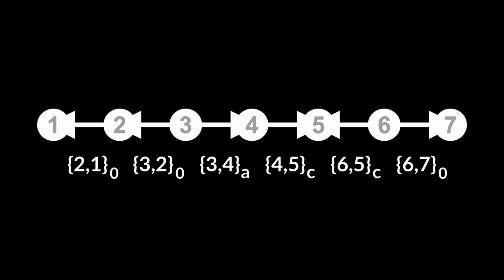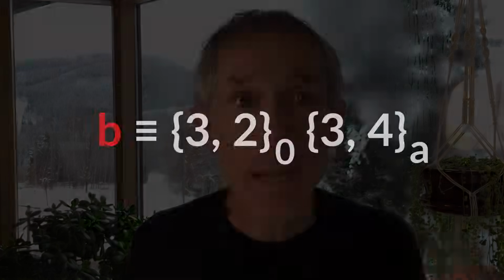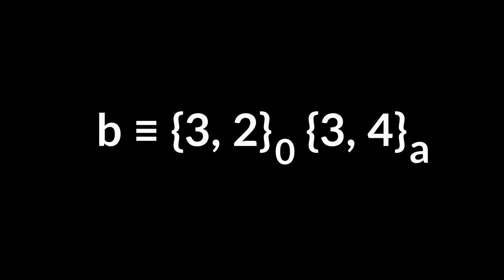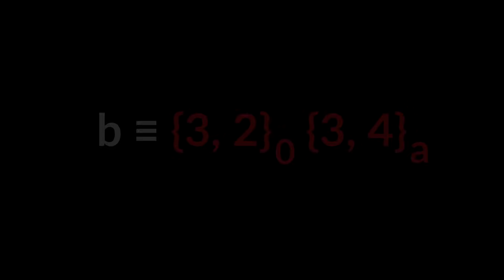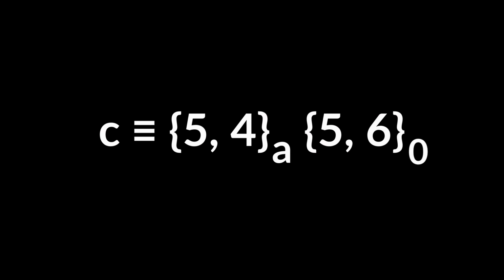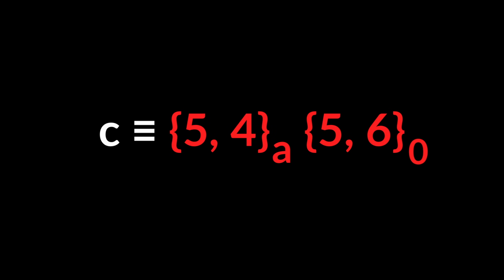I've labelled these new edges 4, 5, c and 6, 5, c, because one is from node 4 to node 5 and the other is from node 6 to node 5, and they've both been created by event C. Okay, that's a lot, but remember, all we need to know to identify events B and C is the edges they match. B is the event that matches edges 3, 2, 0 and 3, 4, a, and C is the event that matches edges 5, 4, a and 5, 6, 0.